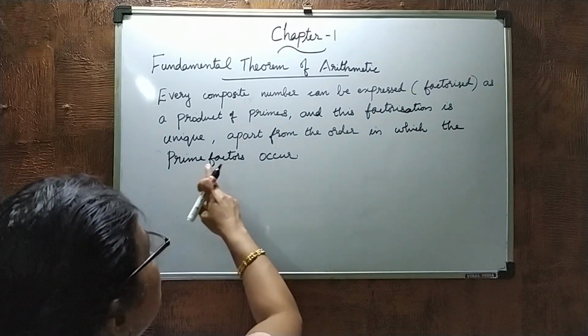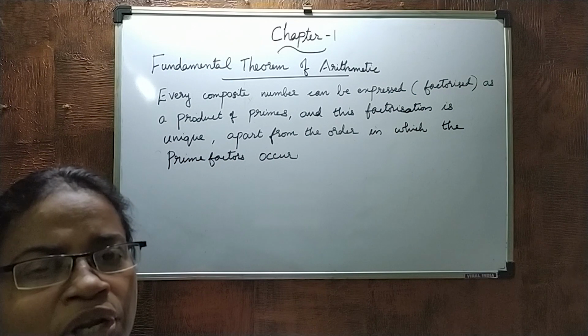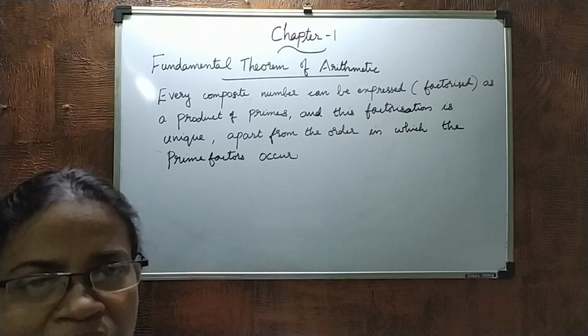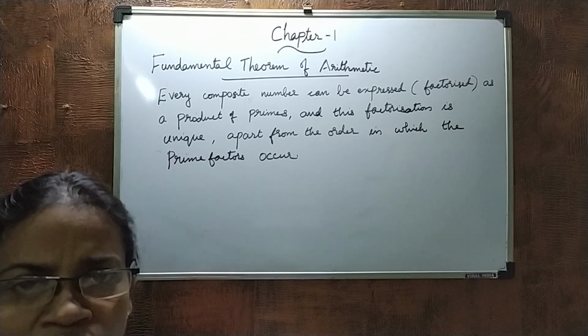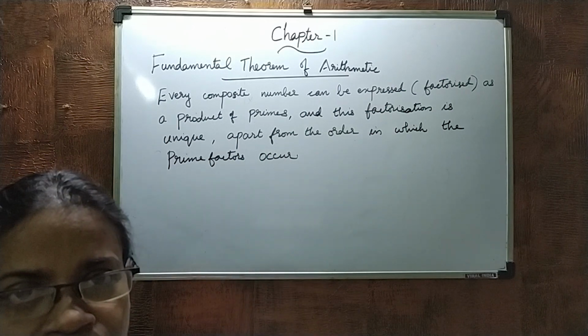And this factorization is unique apart from the order in which the prime factors occur. There is no need to worry about the order of the prime numbers. In the multiplication, 2 into 3 into 7 can be written as 7 into 3 into 2. No problem if the order changes.